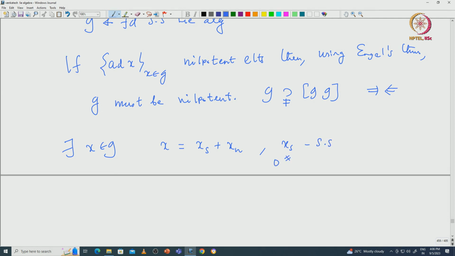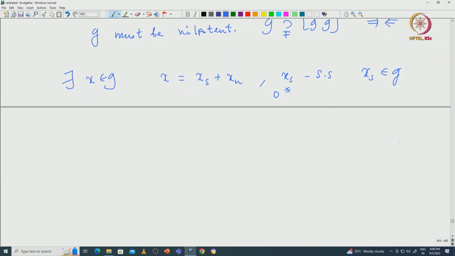Since G contains both the semisimple and nilpotent parts of each element, in particular this x_s is an element of G.